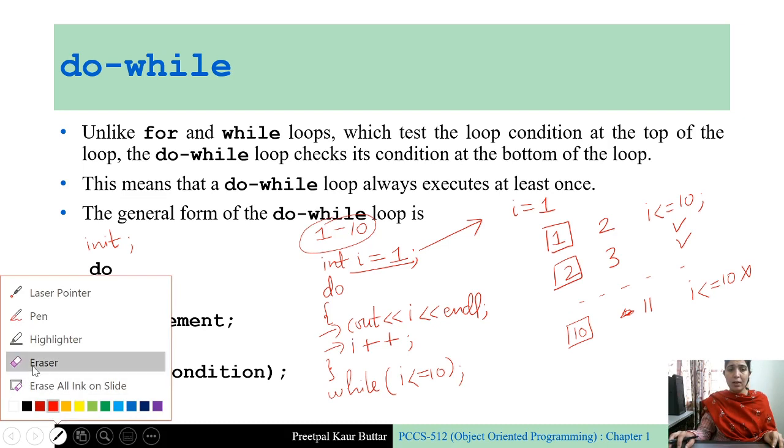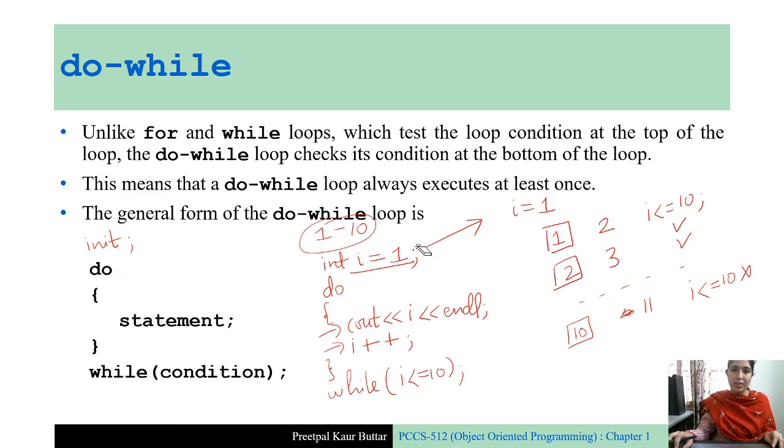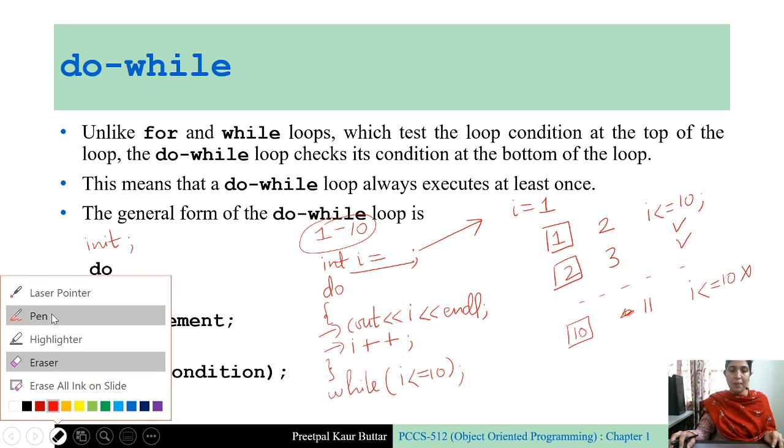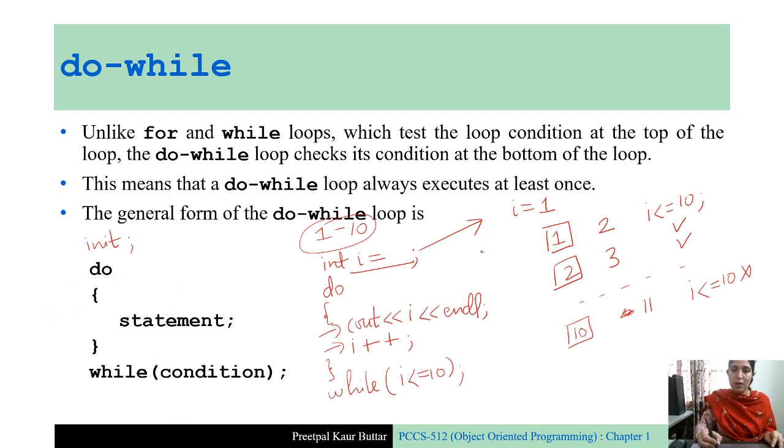Now let us try to change this initial value of i, instead of 1, let us change it to 100. So i is equal to 100. What will happen? Initially i will be 100, so we will enter the body of the loop. i will be printed, 100 will be printed.